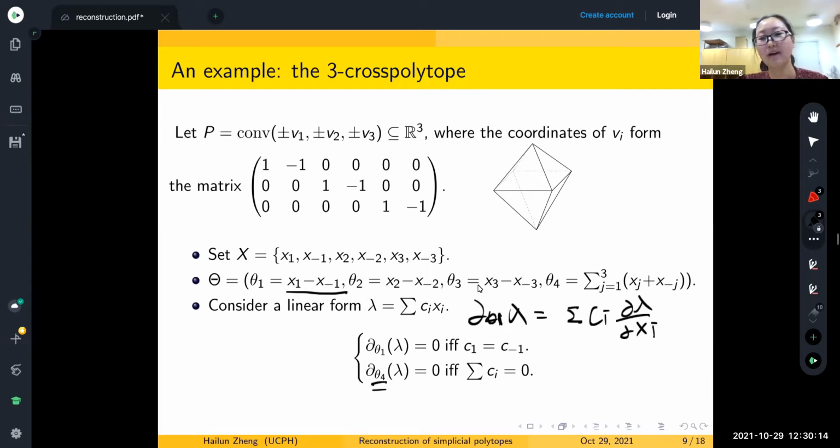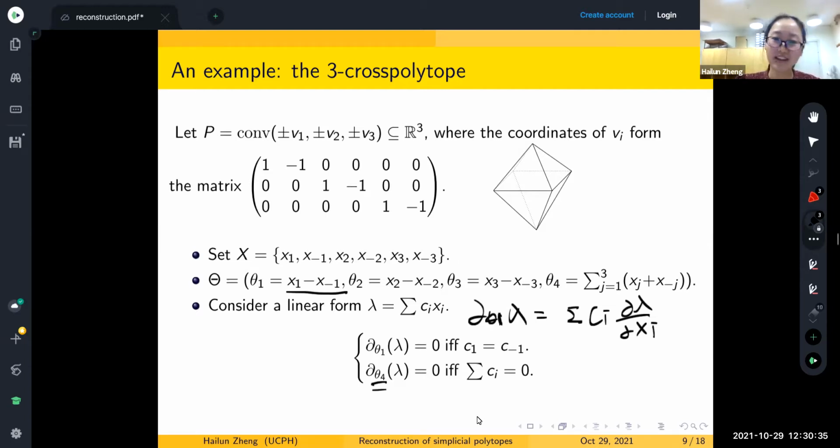So for this particular example of the regular 3-cross polytope, we see that these expressions are very simple criteria to determine whether we have partial theta i of lambda equals 0.